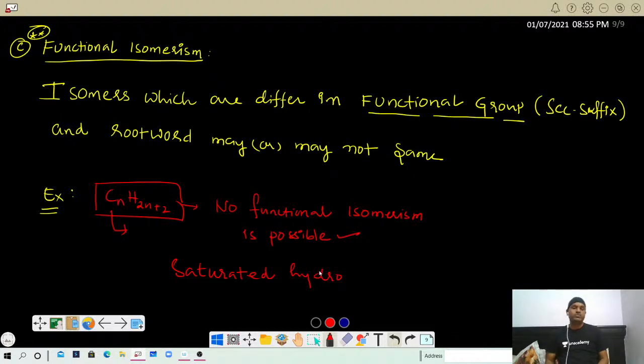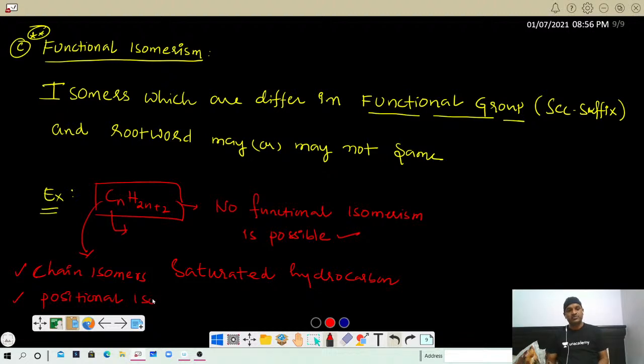So what type of isomers are possible with this hydrocarbon? Under structural isomerism, we can write two types. One is chain isomerism, so chain isomers are possible, and the second one is positional isomers.